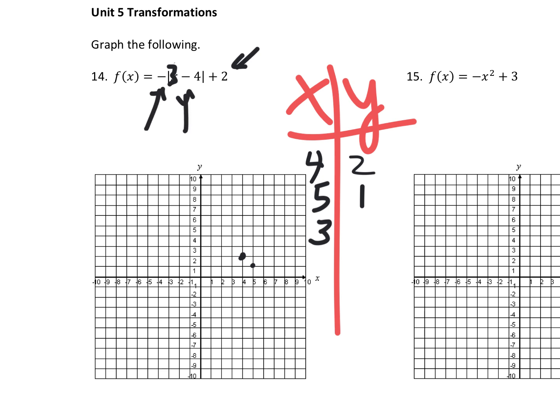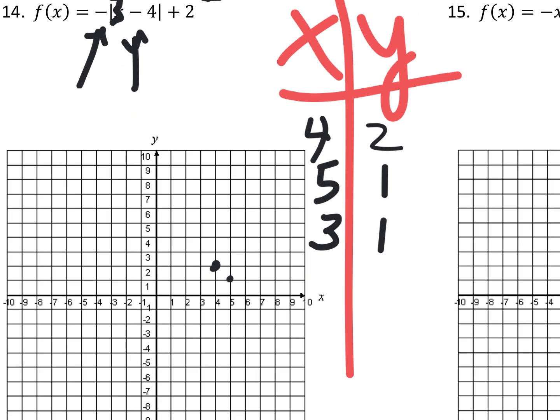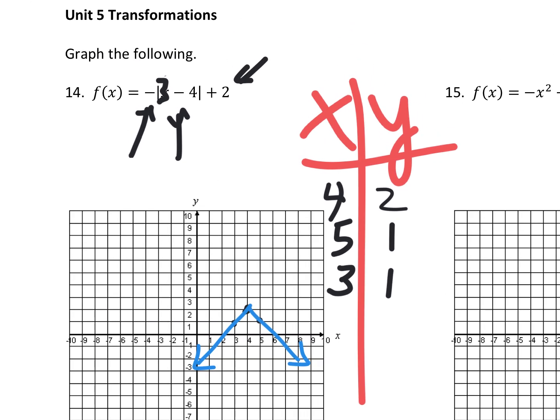It's negative 1 again. Negative 1 plus 2, 1 again. And that happens a lot. Don't think that that's wrong. It's right. And if you look at the graph, I think you'll understand. Look, it's a V shape. It's upside down. And the absolute values are supposed to be V shapes. So that makes sense. And this negative in the front tells you it's flipped over. All right.